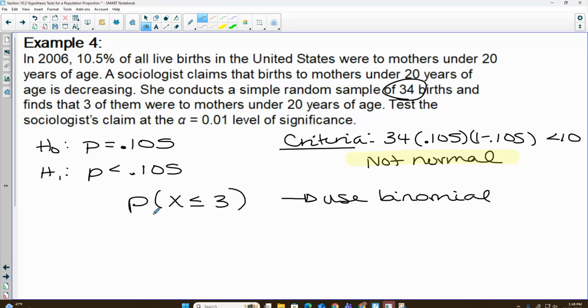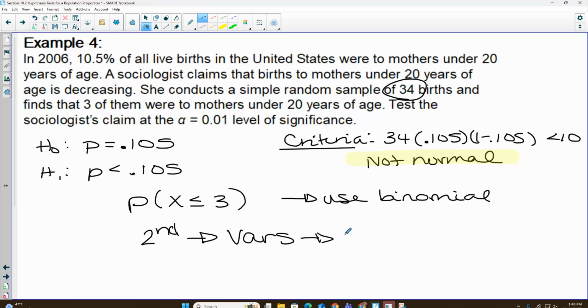So on our calculators, you're going to hit second, that bars button, which is by the clear, and then you want, I don't remember the number.